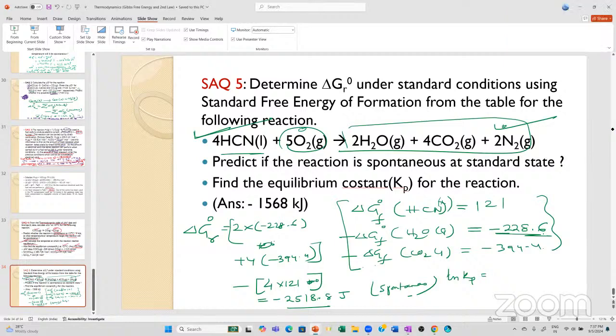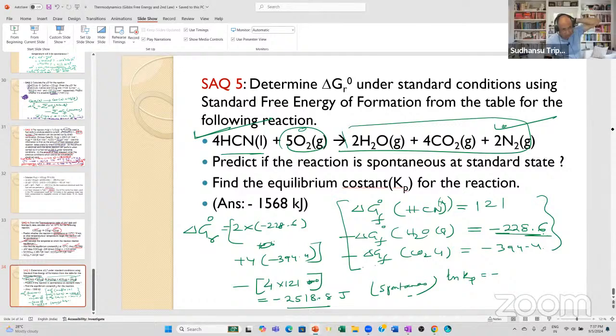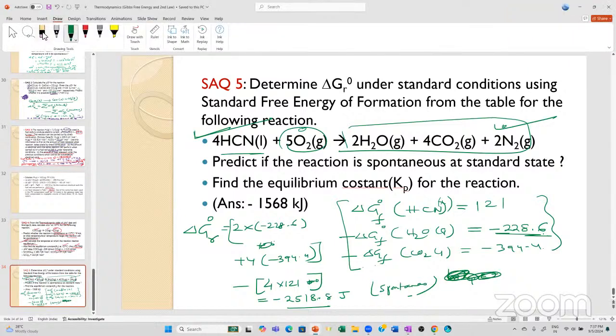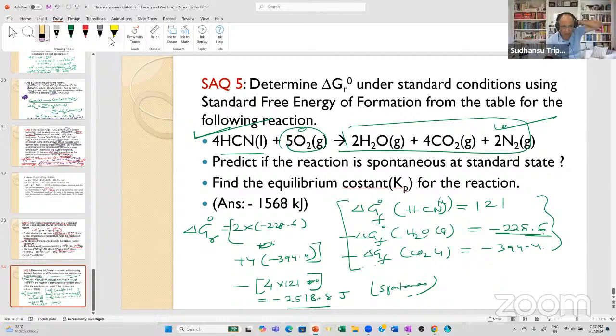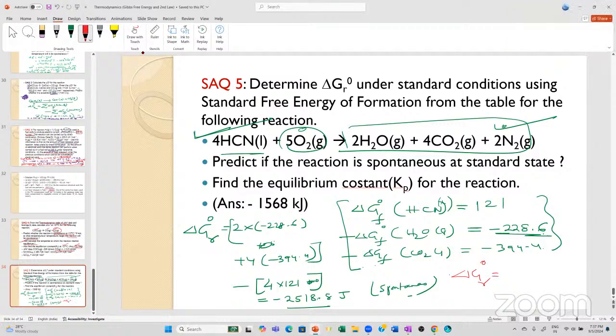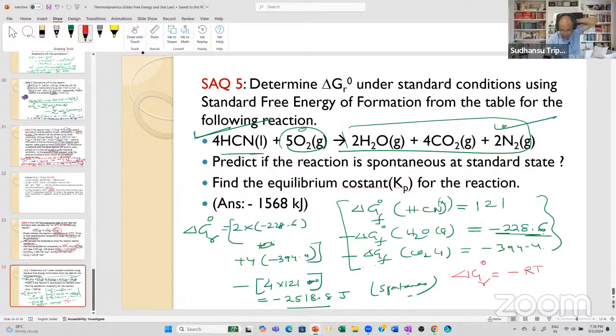Sir, minus del G naught upon RT. Sorry, del G naught is equal to minus RT ln Kp. Because here gases are there, by default it is Kp. Since you can directly find ln, there is no problem.